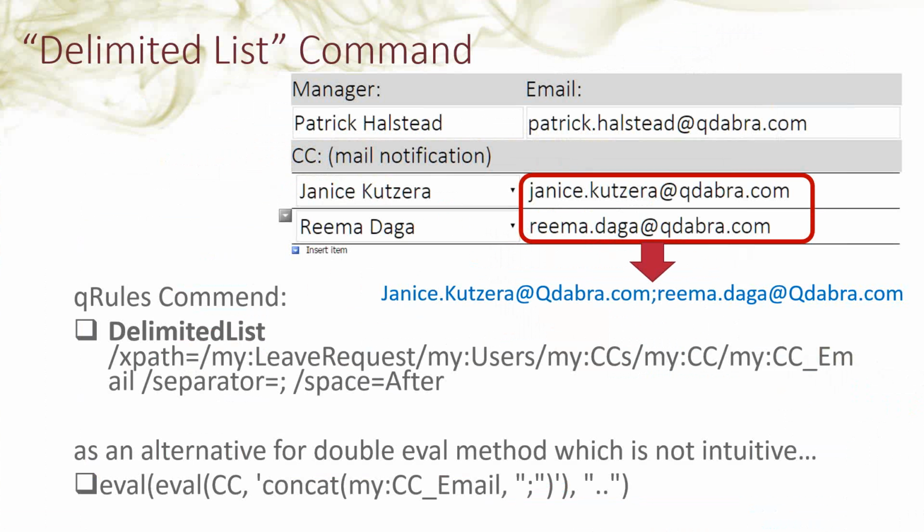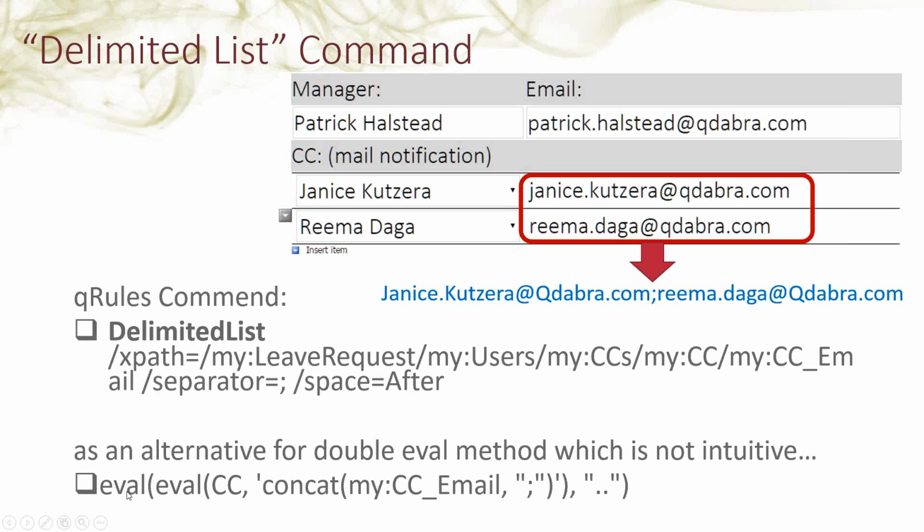For example, when I submit the form, I'd like to send the notification to Rima too, and Janice too, and to other persons too. And in this kind of situation, what we usually use is called double eval.